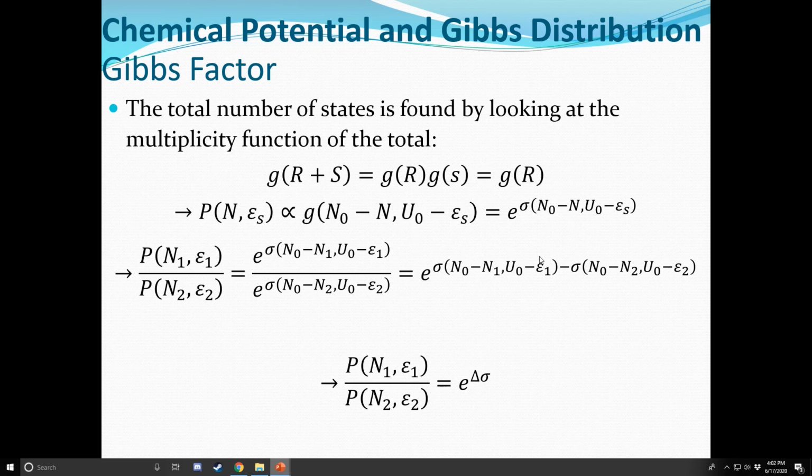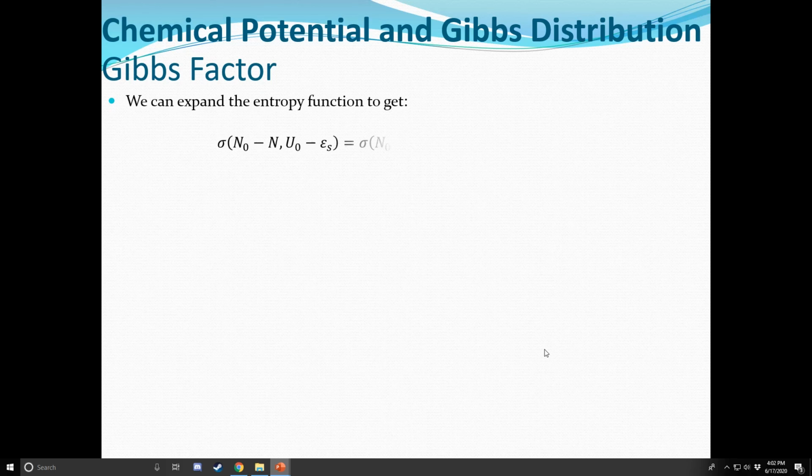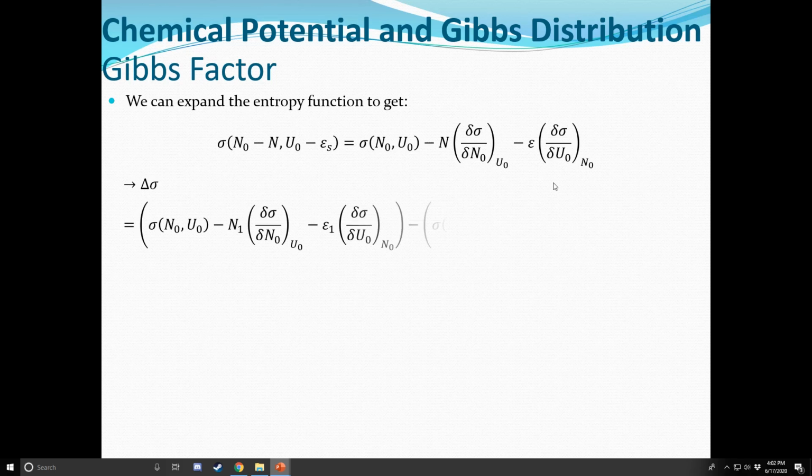So another way of writing all this is just substituting in delta sigma. Now, this entropy equation can actually be expanded a bit so that we separate these equations so it looks something like this. And then we could take this one step further for the difference in the entropy.